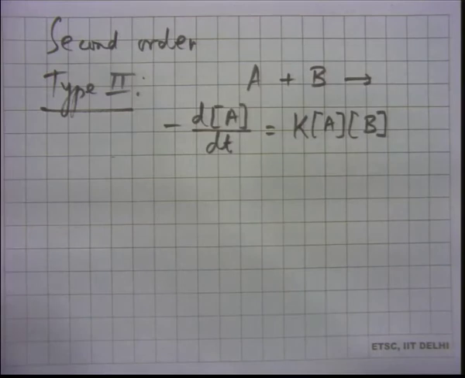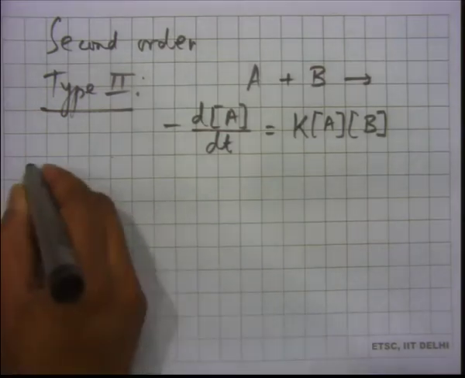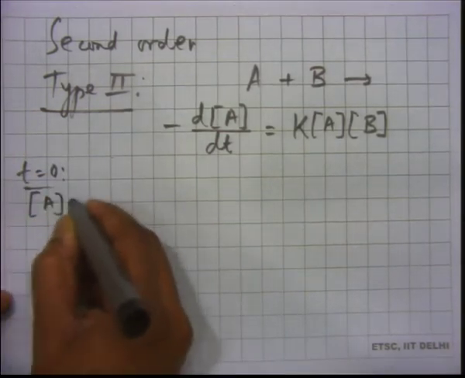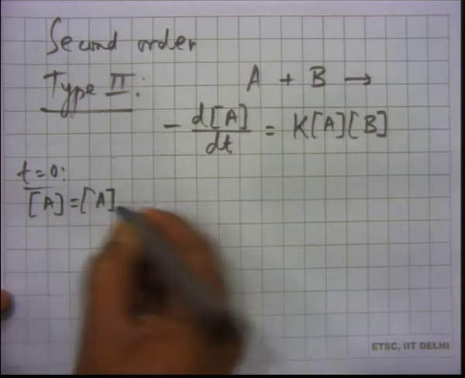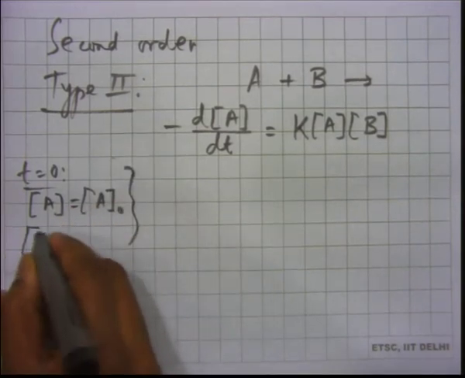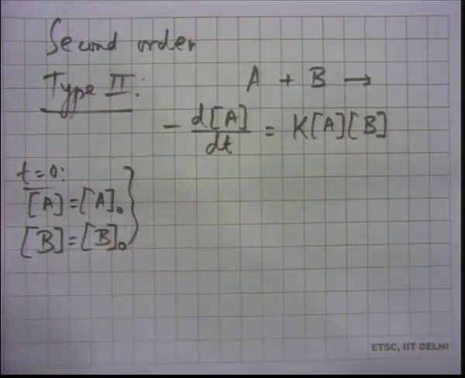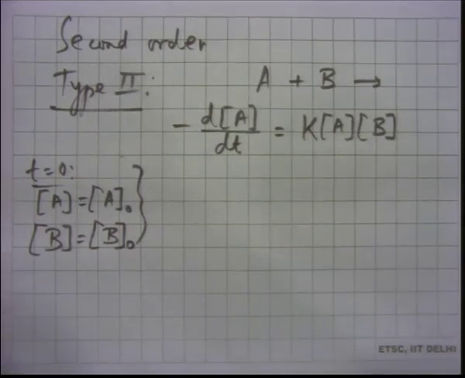Alright, we understand here that this integration will not be that straightforward, so it will take some effort. Now there is initial concentration at T equal to 0, initial concentration of A is A naught, and for B it is B naught. A is A naught, B is B naught, and this can be done.